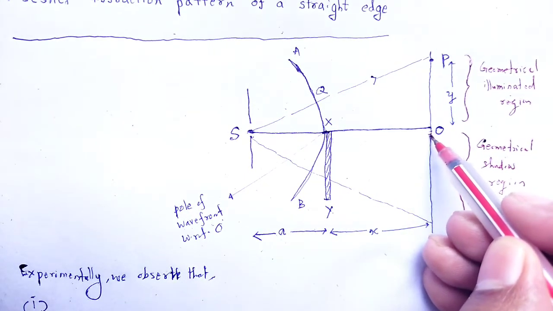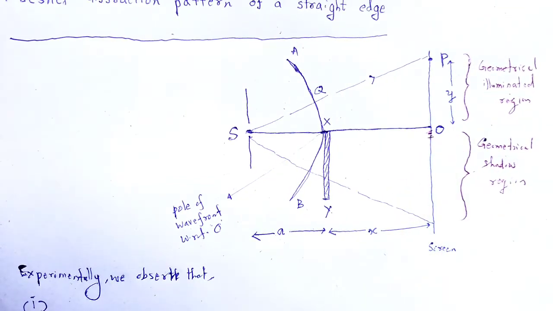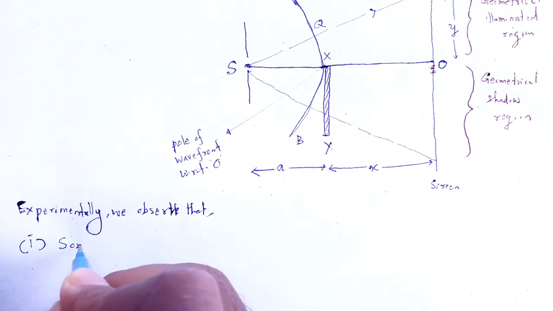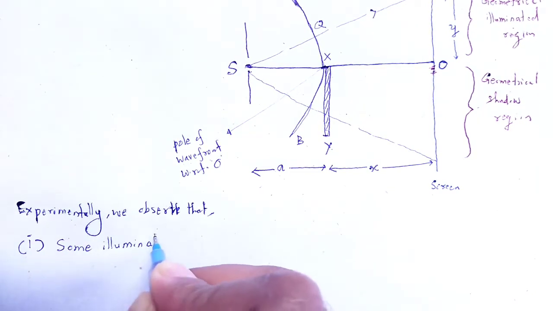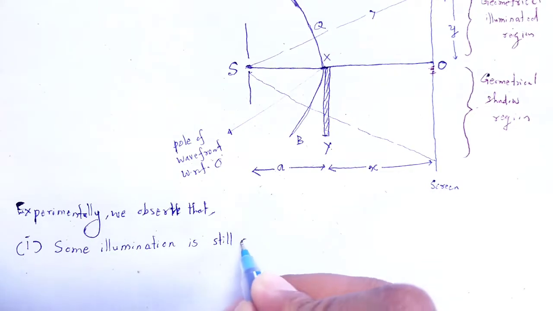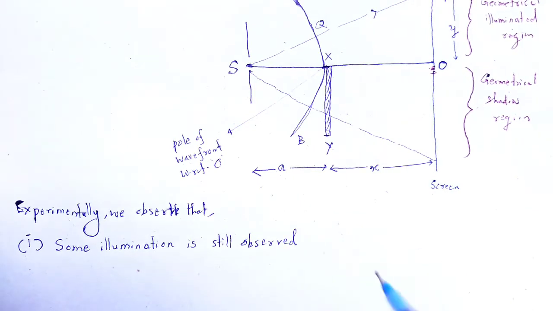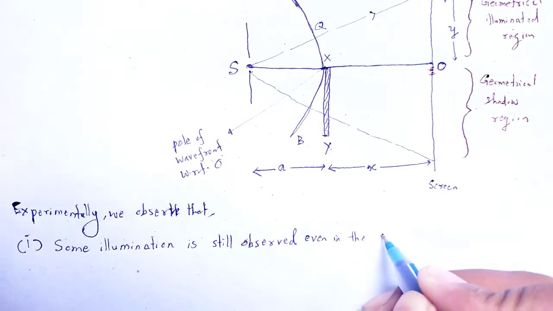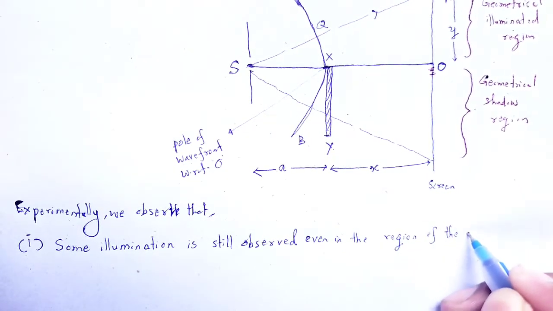Here we observe some illumination, still observed even in the region of the geometrical shadow.